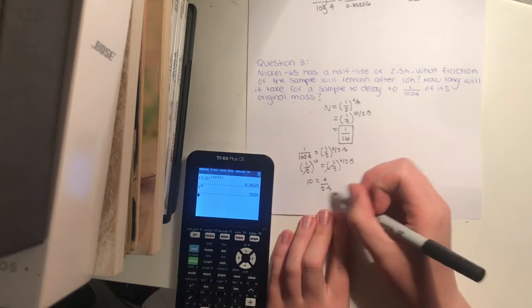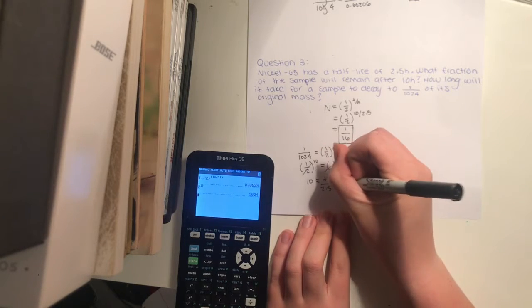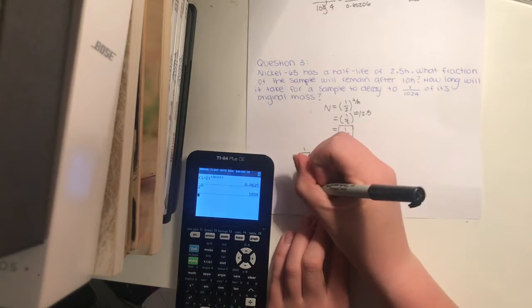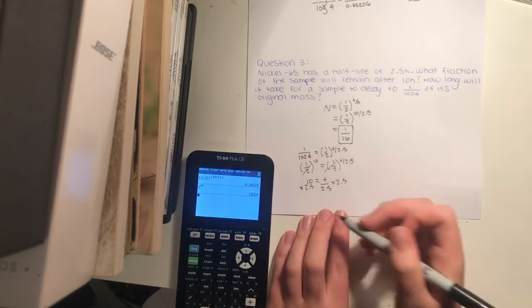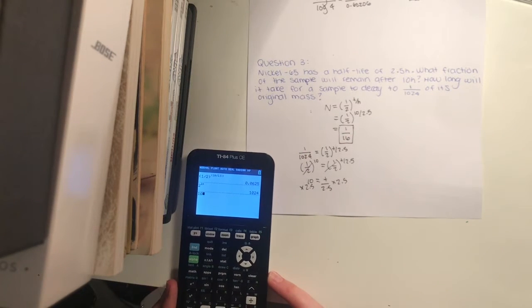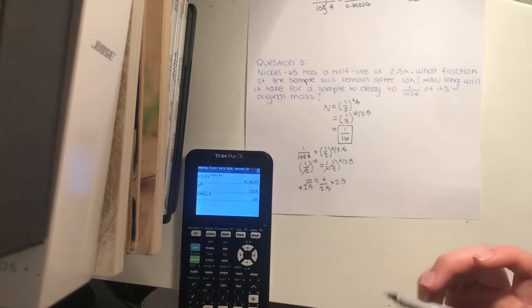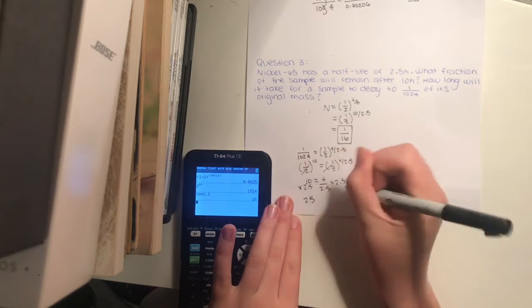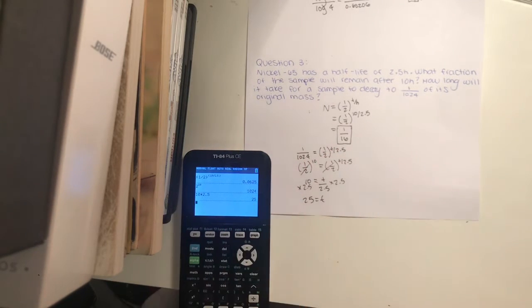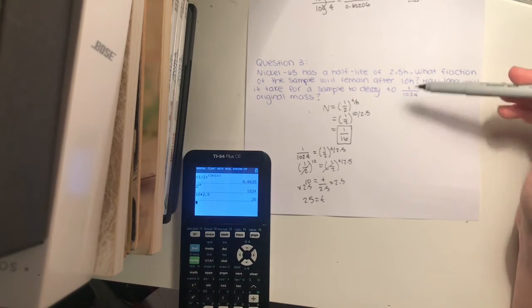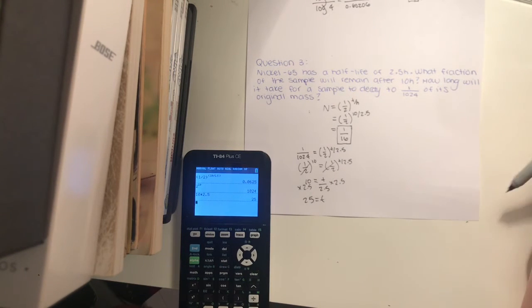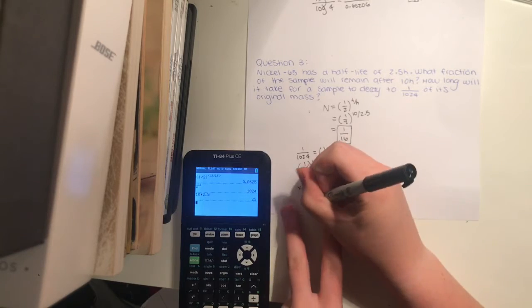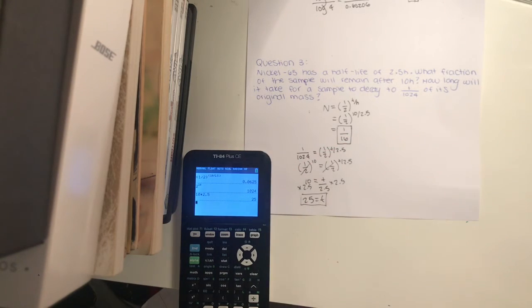From here, we multiply this side by 2.5 to isolate the t, and that means we also have to do it to this side. So 10 times 2.5 is 25. So 25 equals t. So now we know that after 25 hours, it'll be 1/1024 of its original mass. So we'll just do that, and ta-da!